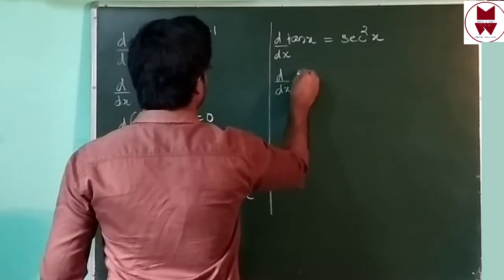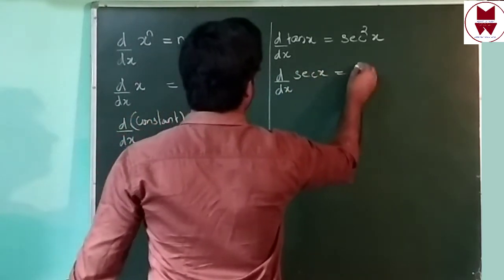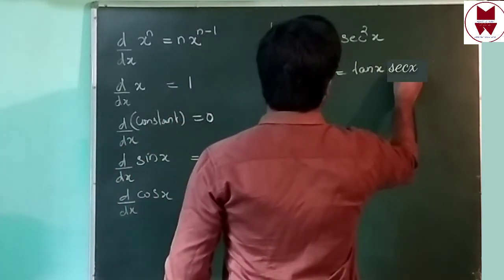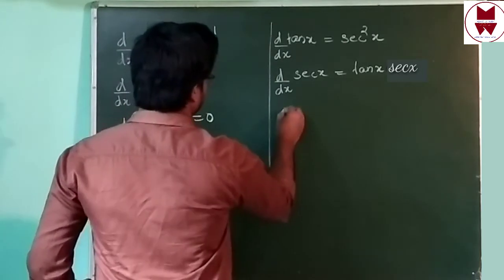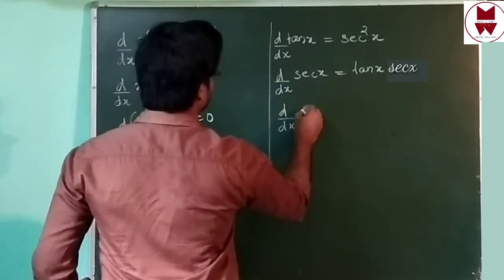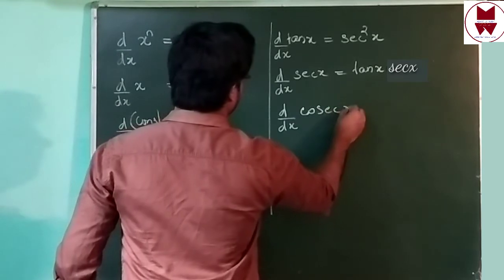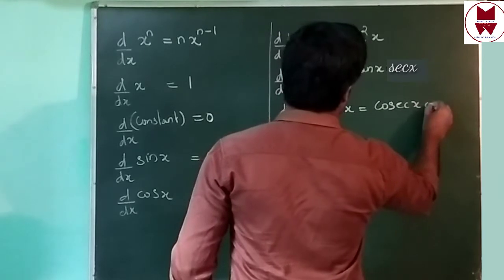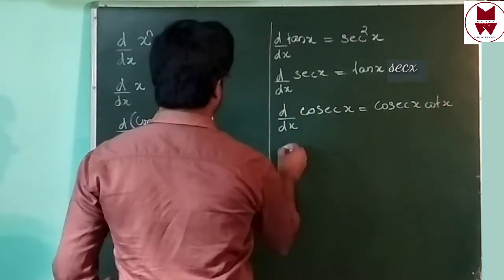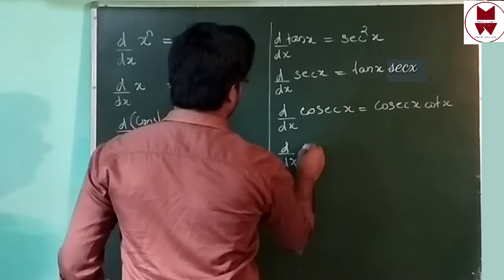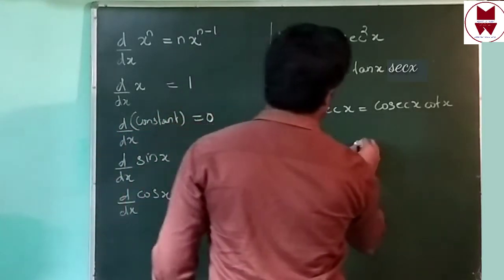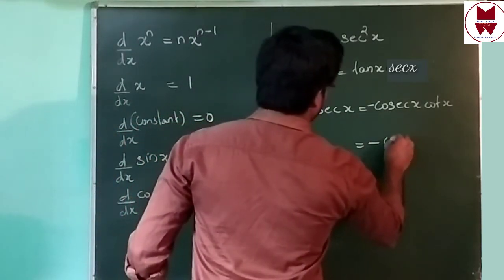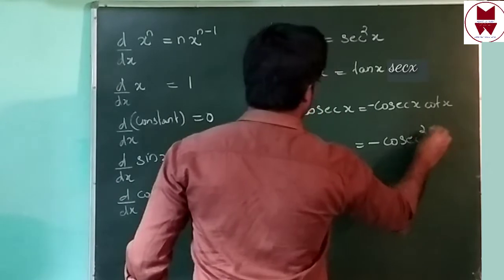D by dx of sec x we can write sec x tan x. D by dx of cosec x equal to minus cosec x cot x. D by dx of cot x equal to minus cosec square x.